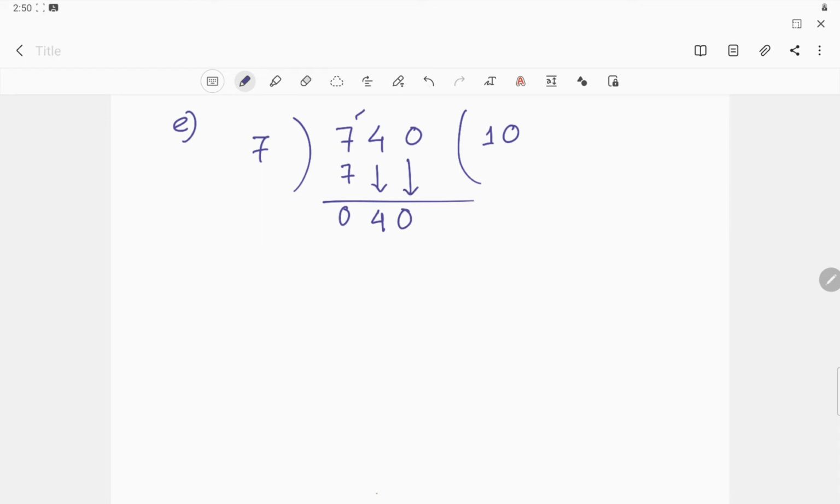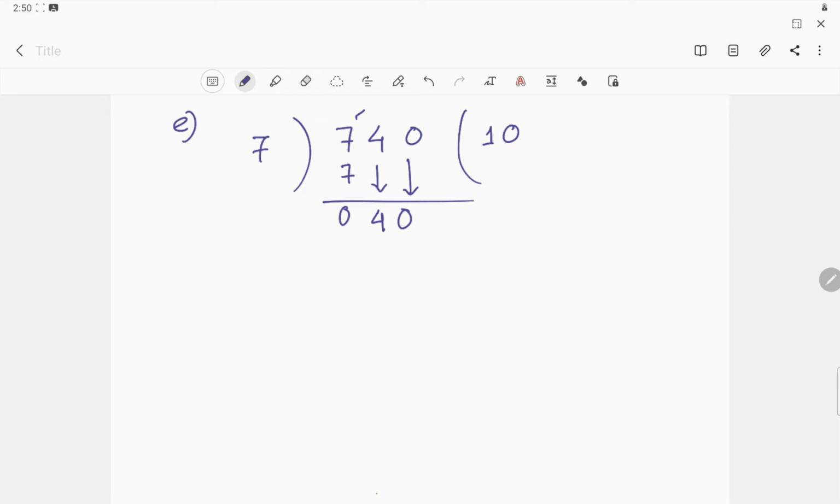Okay, now E number question, 740 by 7. Take 7. 7 ones are 7. After subtraction you will get 0. Now bring down 4. Since 4 is less than 7, you can't divide, so you have to put 0 in the quotient. Now bring down 0. Now you can divide.